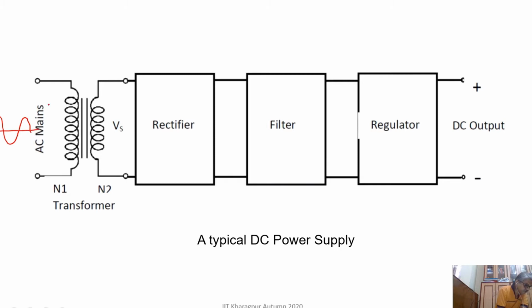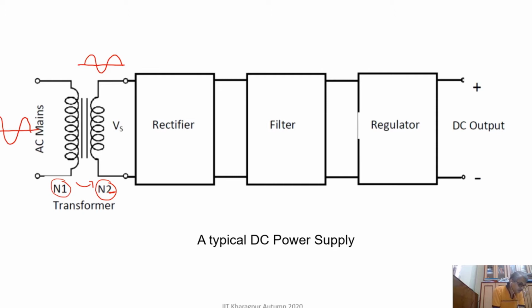The AC input is here, which, depending on the requirement, can be downgraded. Of course that depends on N1 and N2. So anyway, we will get the input AC signal at the input of this power supply.